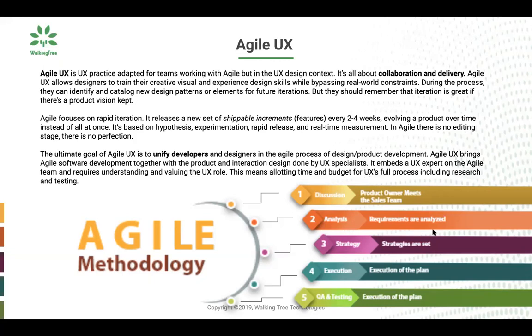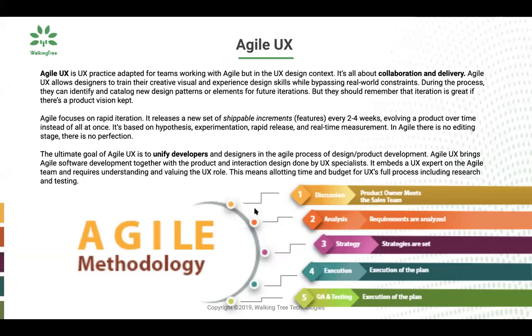But let's dig a little deeper into what agile UX is. Agile UX is where in every sprint we're going to define, we're going to design, and we're going to verify, which is absolutely fine.